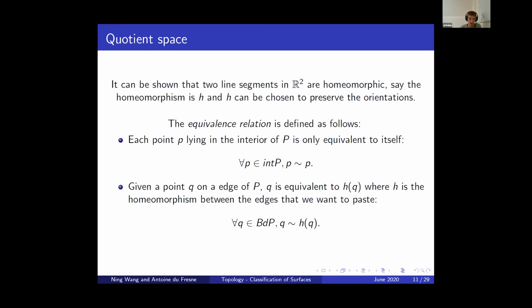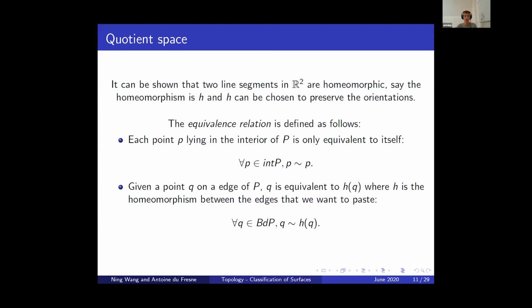So the equivalence relation is defined as follows. Firstly, we decide that each point lying in the interior of P is only equivalent to itself. So that doesn't change for the points in the interior. And secondly, if we let Q be a point on an edge of P, Q will be equivalent to its image under the homeomorphism H that links the edges that we want to paste.